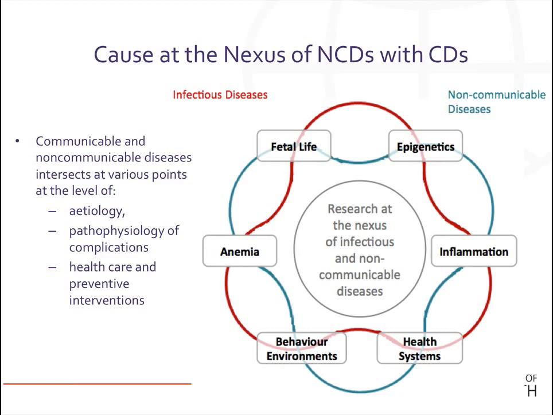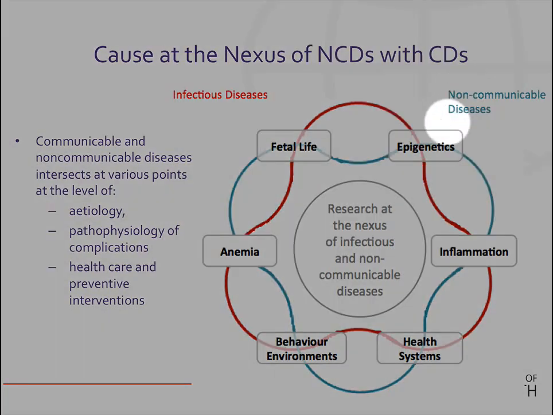One is what I like to term causality at the nexus between NCDs and CDs. If you look at this figure, then you see two lines, the red one being infectious diseases and the bluish one representing NCDs. And you could imagine that those lines interact at various points.